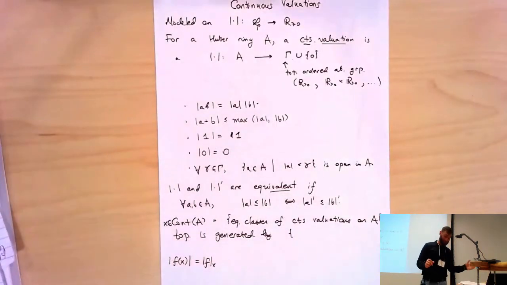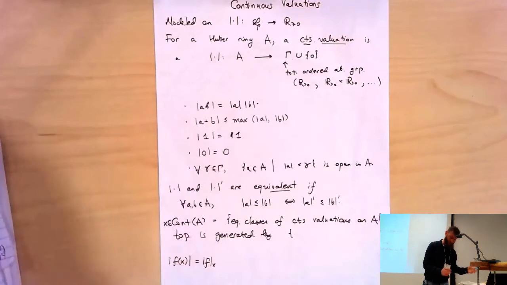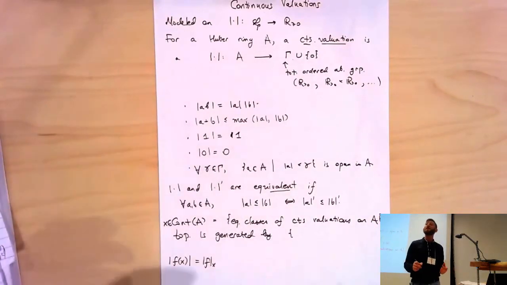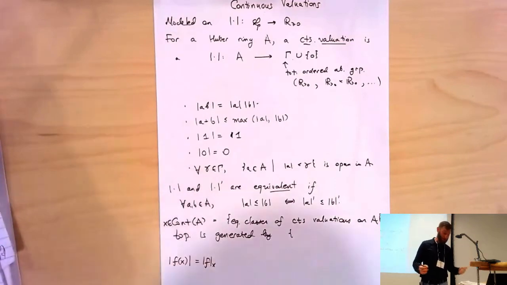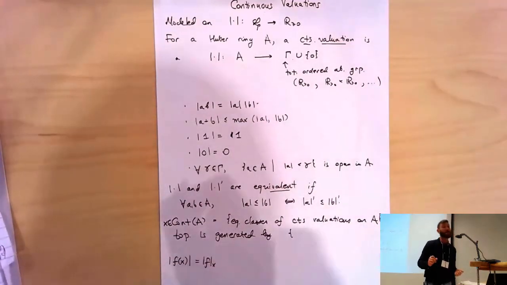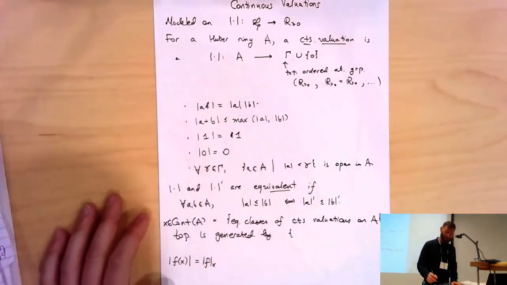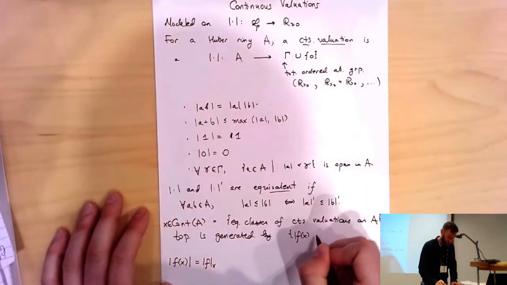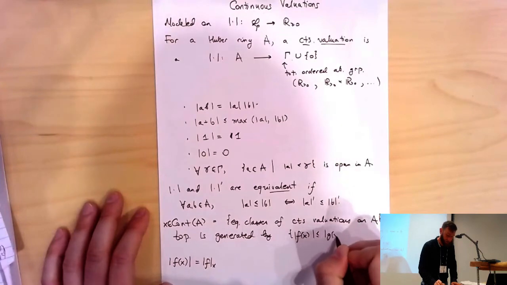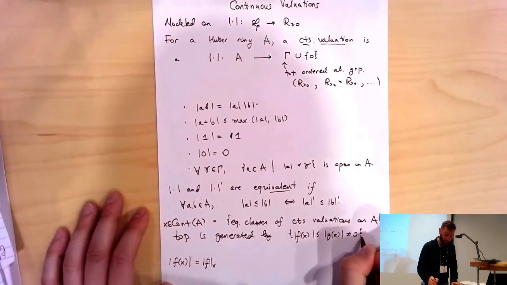And this is a natural kind of shift. I mean, the elements of a ring should be considered as functions on the spectrum, or whatever we put on it, and also on Cont(A) in this way. Okay. So the topology is generated by subsets of this form. You want an inequality to hold where g(x) is not equal to 0.